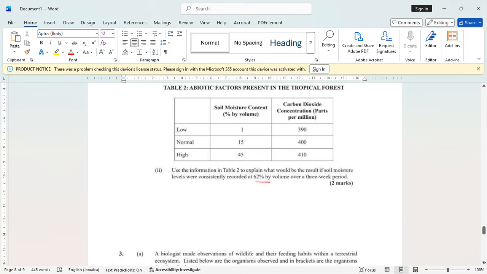What's going to happen? So that would mean that what's going to happen to the soil? So it'll become waterlogged, not true?